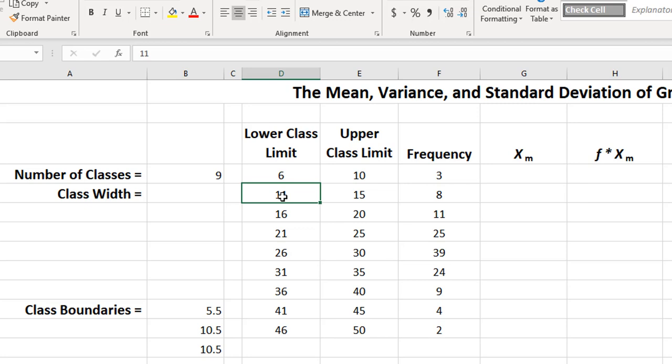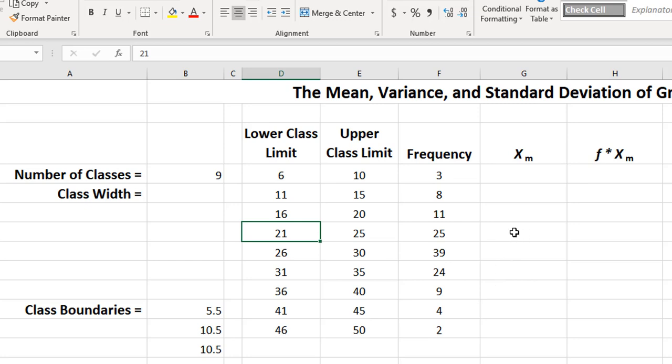We would take any, say, lower class limit and subtract the one that comes before it. And they should all be the same. In other words, 11 minus 6 is 5. 16 minus 11 is 5. 21 minus 16 is 5. 26 minus 21 is 5, etc.